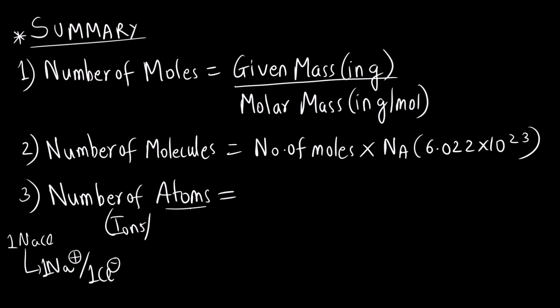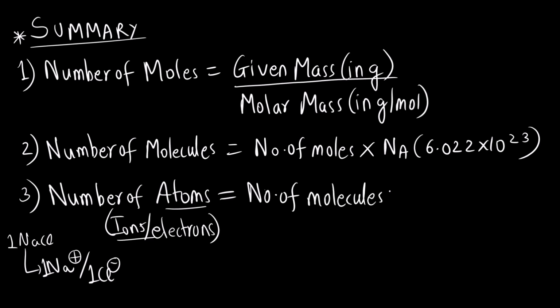Similarly, instead of atoms you can find out ions, or if electrons are asked we can find out electrons as well. That is nothing but total number of molecules into number of atoms in one molecule.